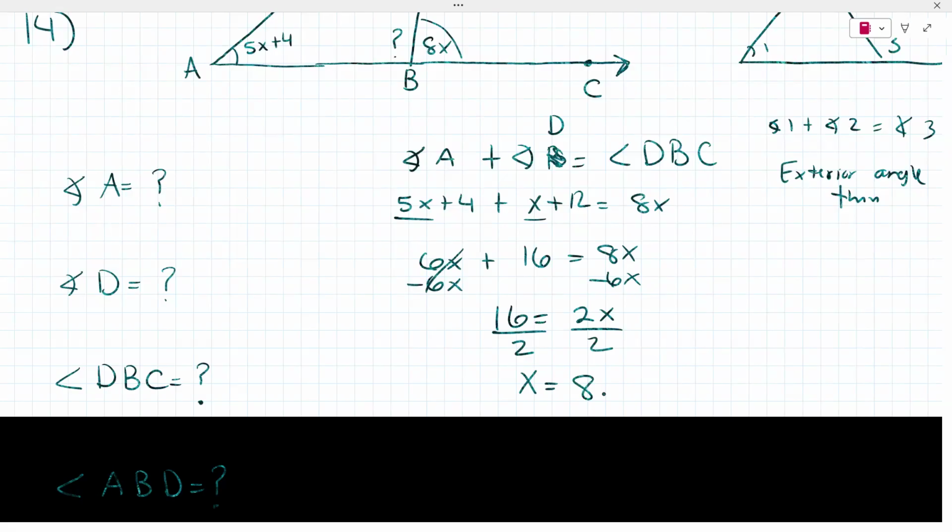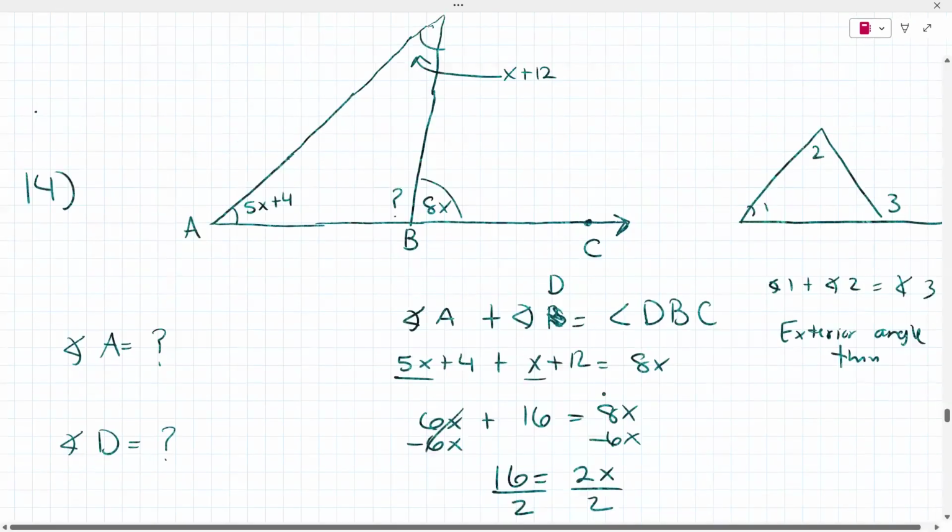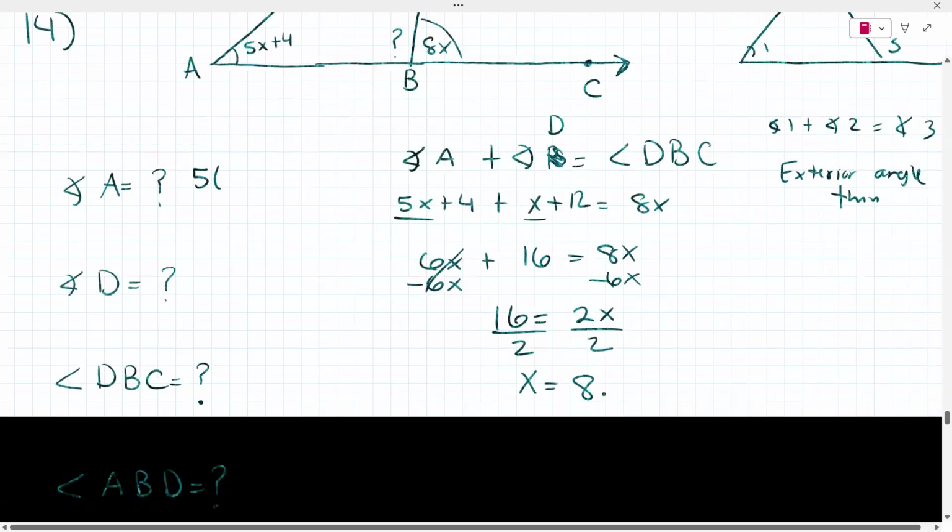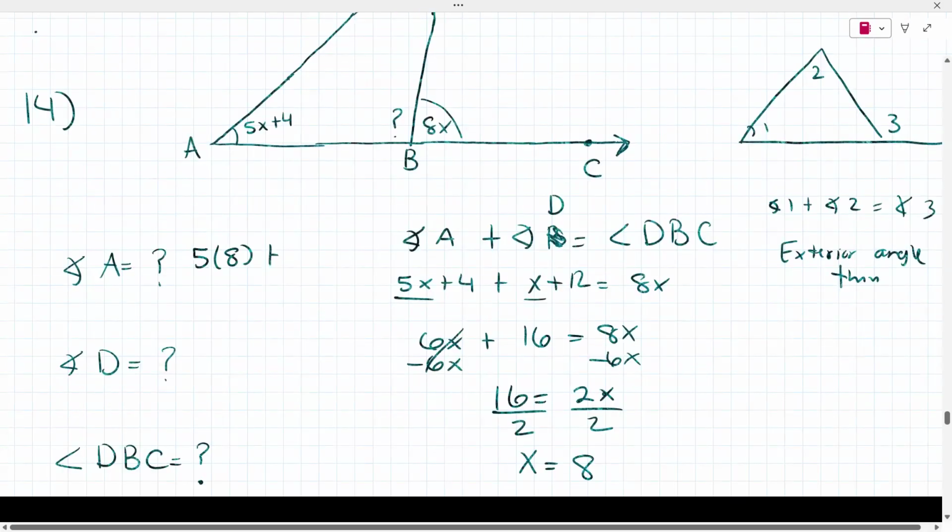So now we can figure out angle A because we know what x is, right? x is 8. So angle A is going to be 5 times 8 plus 4, and that would be 40 plus 4, that's 44.